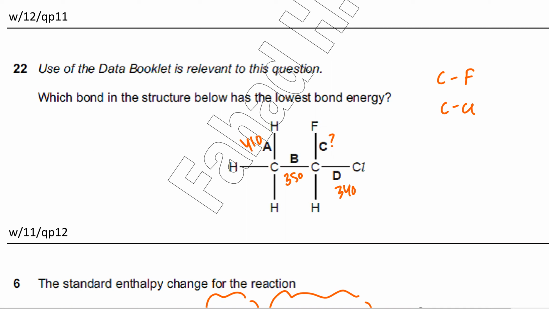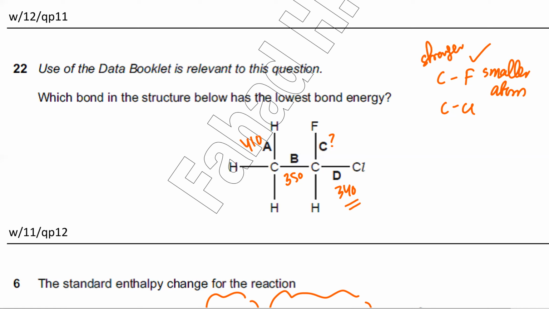Any guesses? Who's going to have a stronger bond between the two? C-F. It's going to be C-F because it's a smaller atom. So it's going to be stronger, which means its bond energy would be higher. So I'll just make up one bond energy, like it's going to be greater than 340.